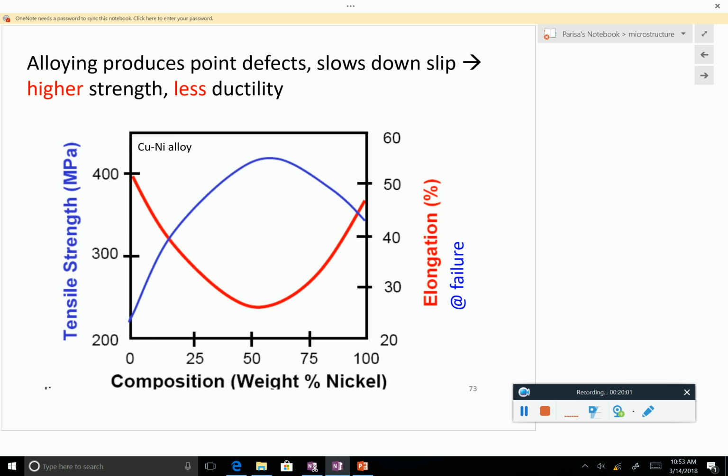So this elongation percentage at failure is very related to ductility. You see that it's decreasing. Okay, there are some limits, of course. If you go beyond a certain limit, then it changes. But normally we are in this range where the strength is increasing and ductility is decreasing.